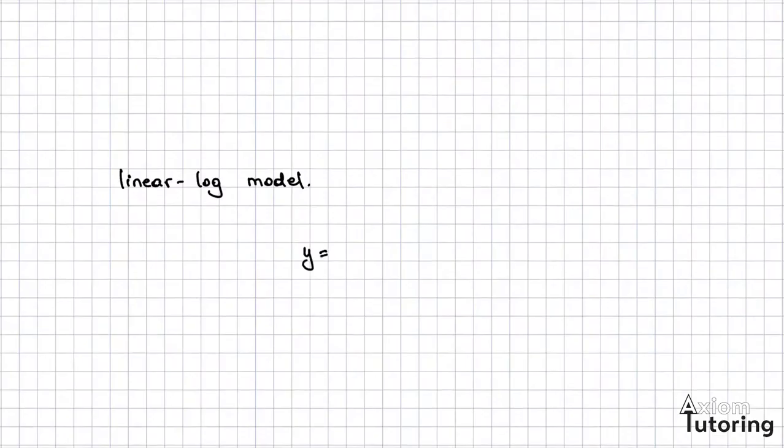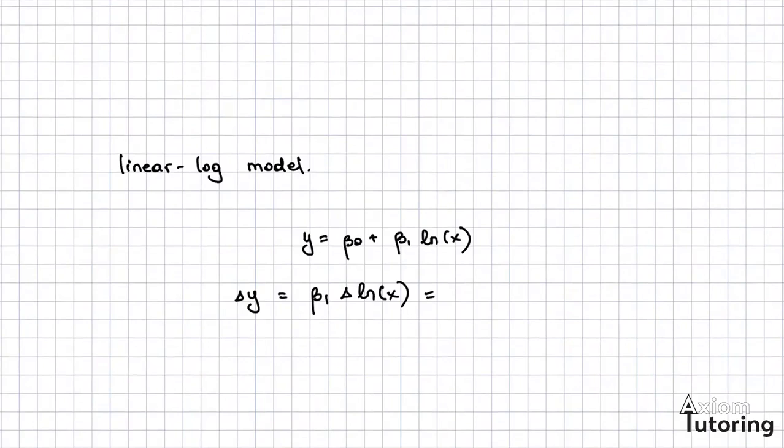So again, if the model is y = beta 0 + beta 1 ln of x, then any change in y that we would have is going to be beta 1 times the change in ln of x, which means, knowing that we can write the log of x in terms of percentages, we can make a slight manipulation to this expression.